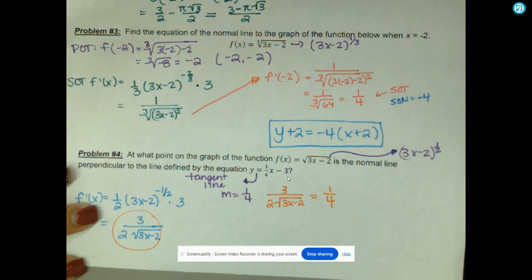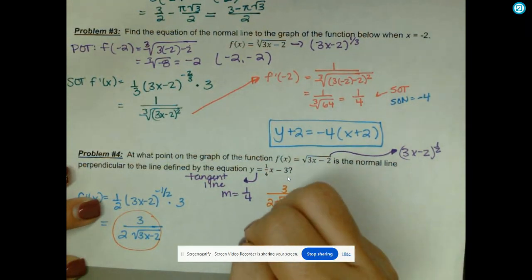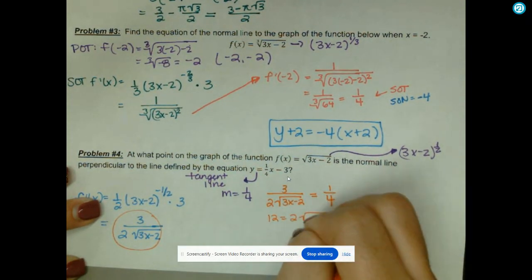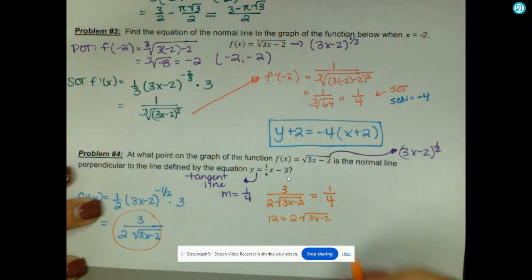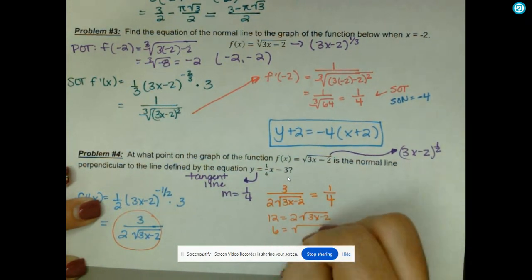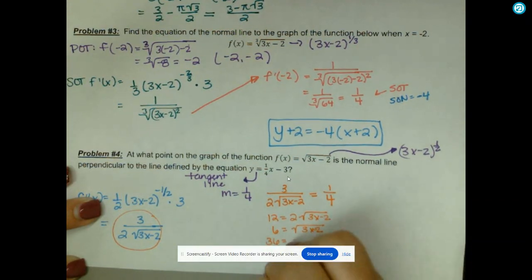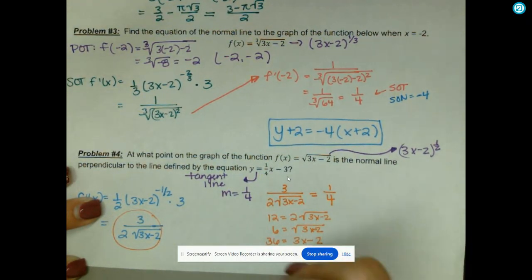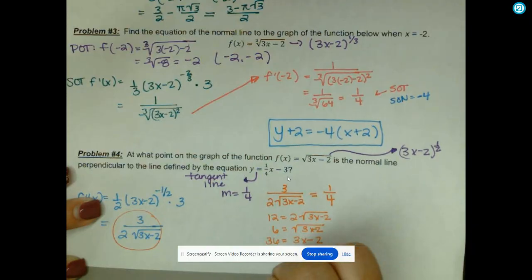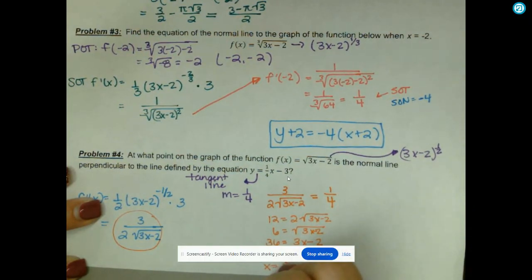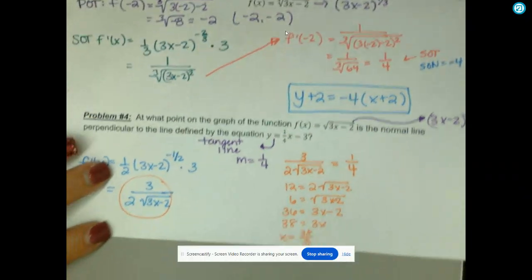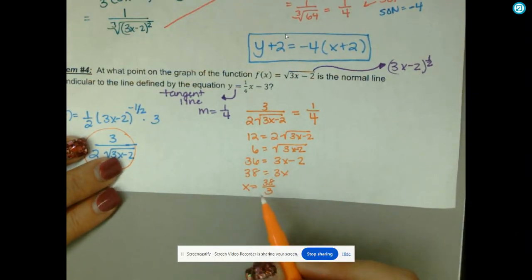Okay, so we're solving for x here, so cross multiply. So 12 is going to equal 2 square root of 3x minus 2. Divide by the 2, we get 6. Square both sides, we get 36 equals 3x minus 2. Solve from here, 38 equals 3x and x equals 38 over 3. Sorry, you can't see that very well. Okay, so that's my x value.